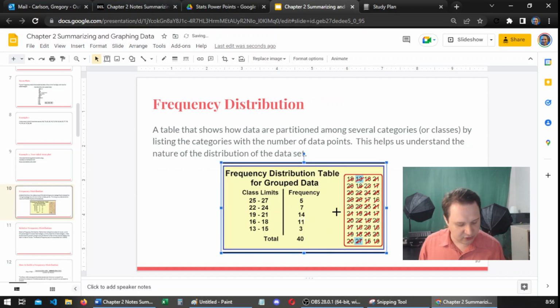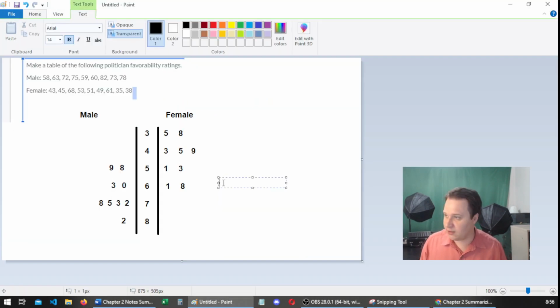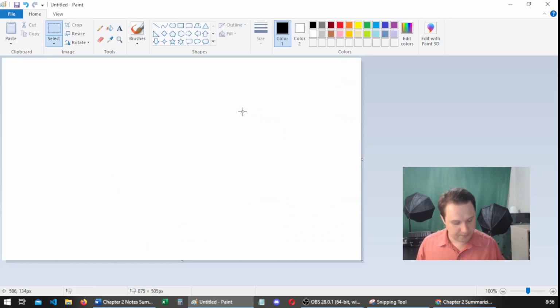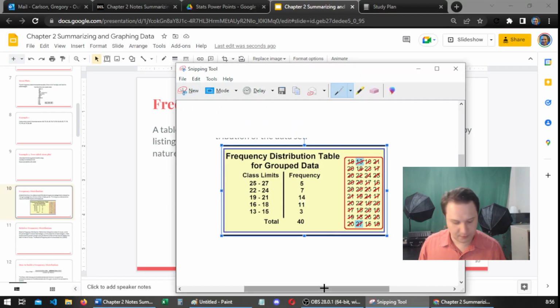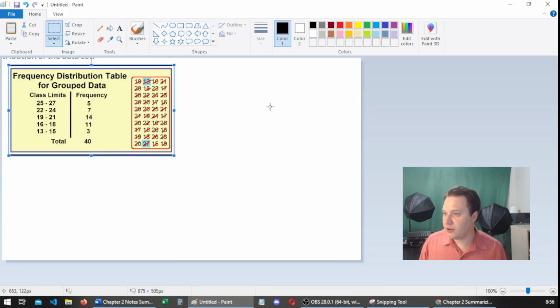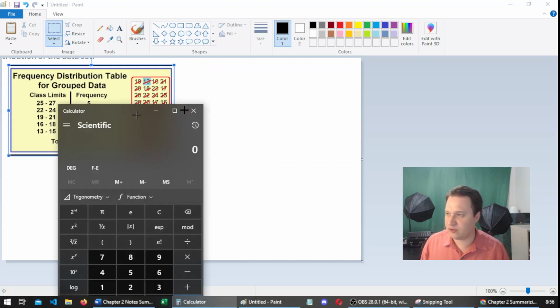So let's actually build the relative frequency table. Let's do it really fast. So I'm going to delete all of this. I'll just do the first 2 so you get the idea. To make the relative frequency table, you just take 5 and divide it by the total so that we can convert these into percentages.